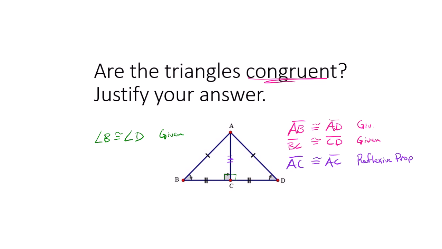AC is perpendicular to BC, so we know that those are right angles, and we know that all right angles are congruent, right? So BCA is congruent with angle DCA. And we know that by the fact that all right angles are congruent.